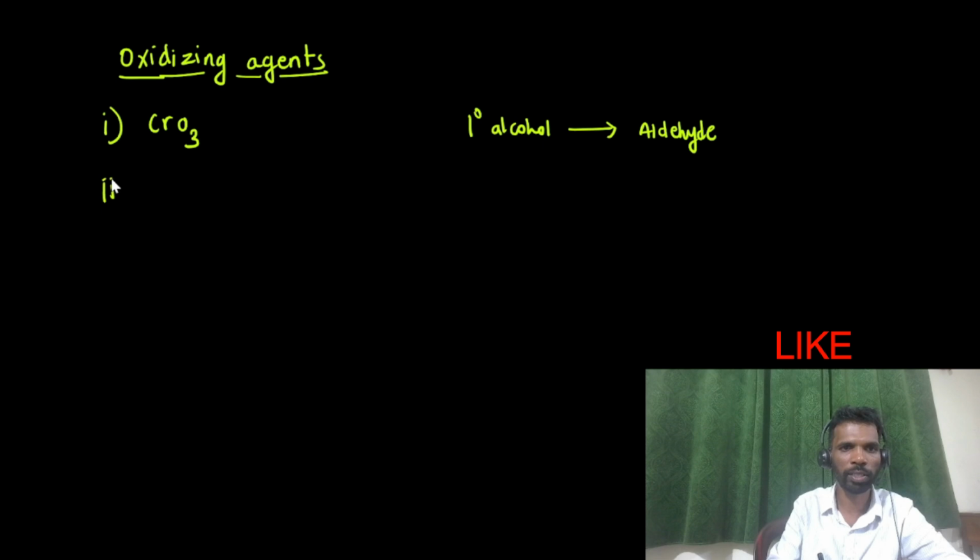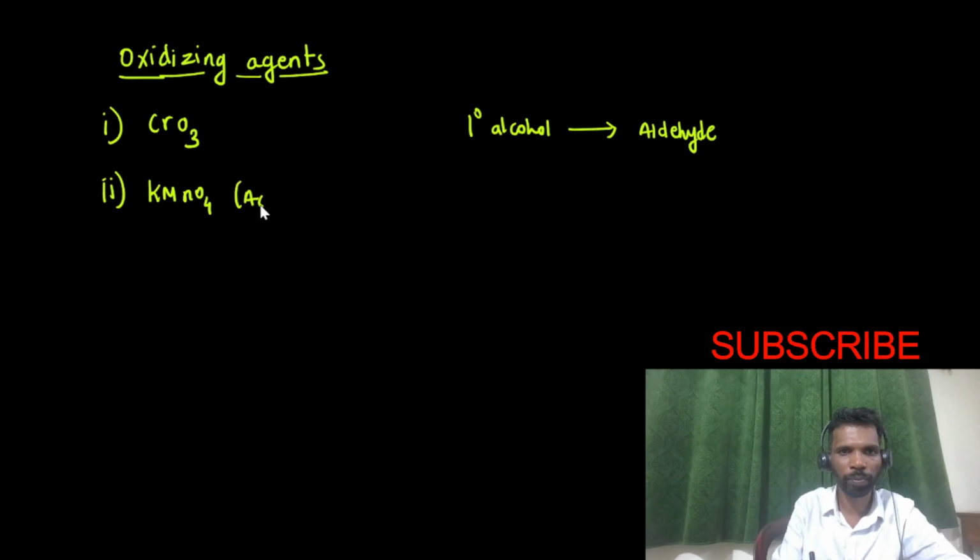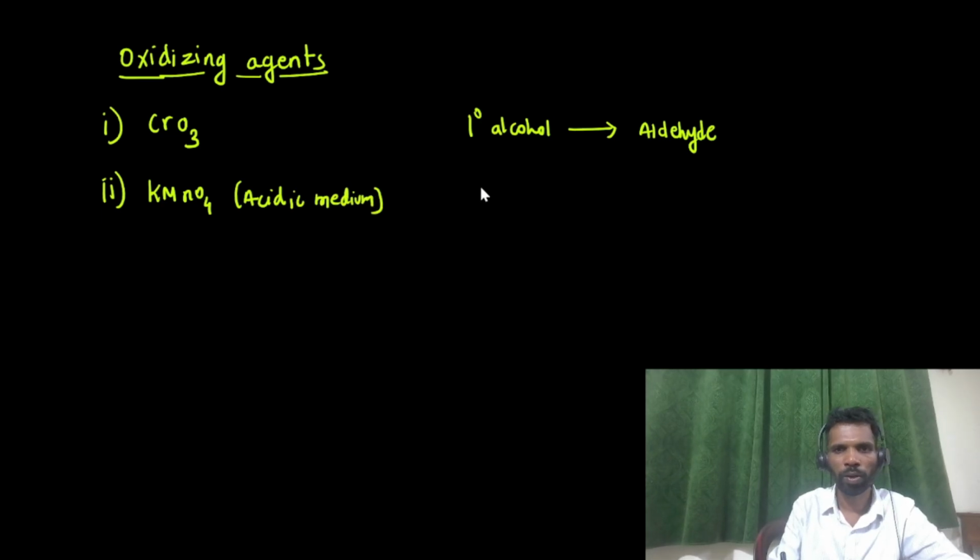Second oxidizing agent is KMnO4 in acidic medium. This falls under the category of a strong oxidizing agent.